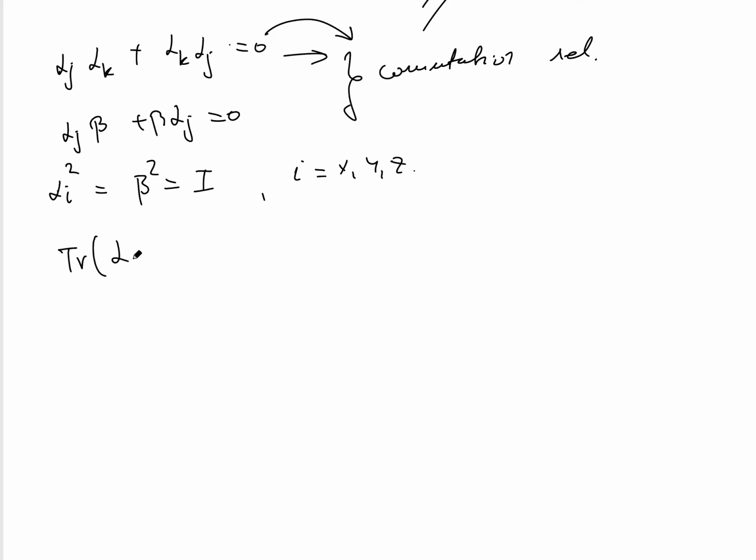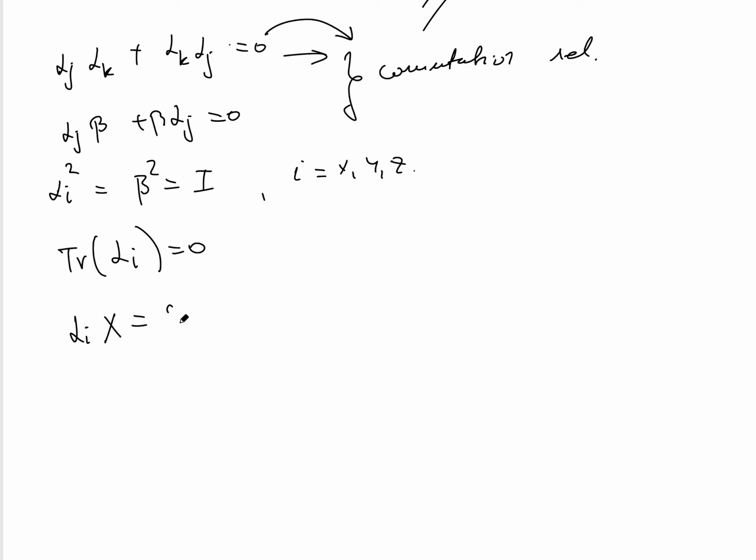So the trace of alpha i should be equal to 0, because let's say you have alpha i applied on a state x, and then you find some eigenvalue lambda.